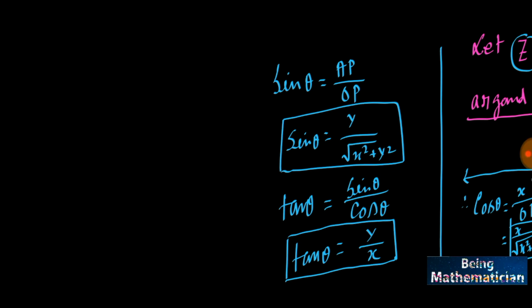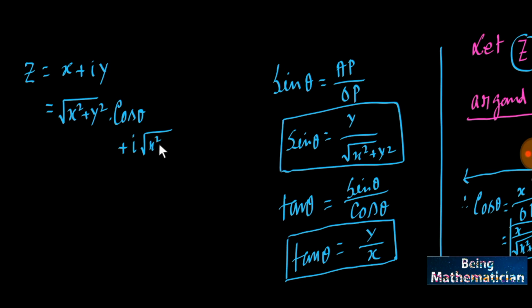So the complex number z can be expressed as square root of x square plus y square into cos theta plus i into square root of x square plus y square into sin theta.